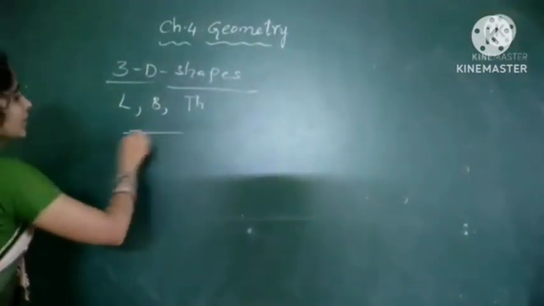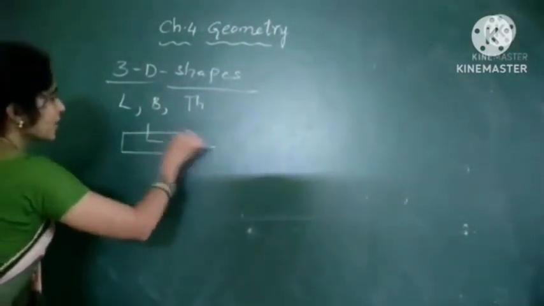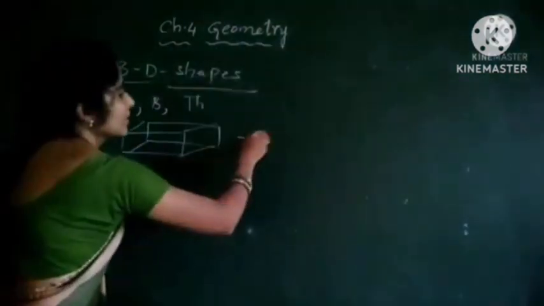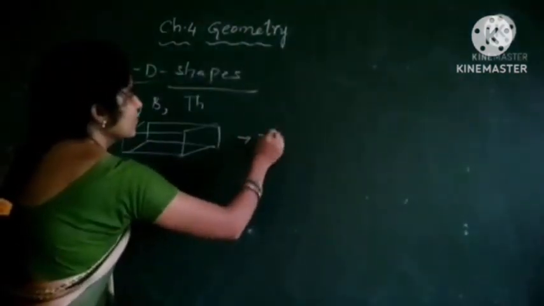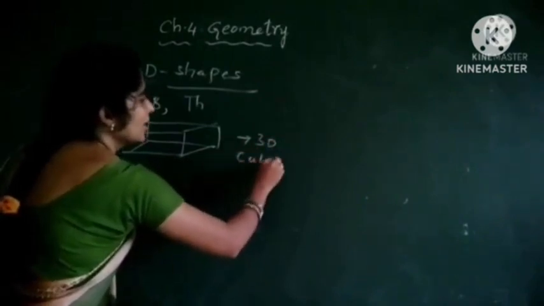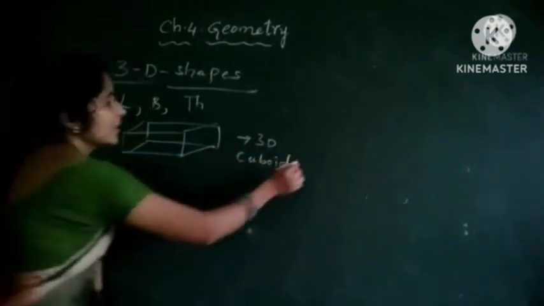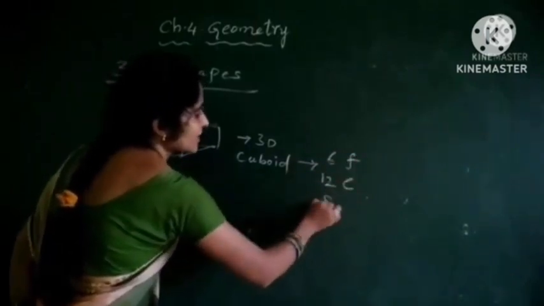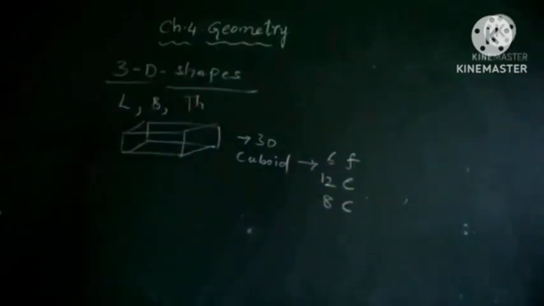Okay. First, cuboid. Cuboid is a 3D shape. What is the spelling of cuboid? Cuboid has how many faces, children? 6 faces, 12 edges and 8 corners.